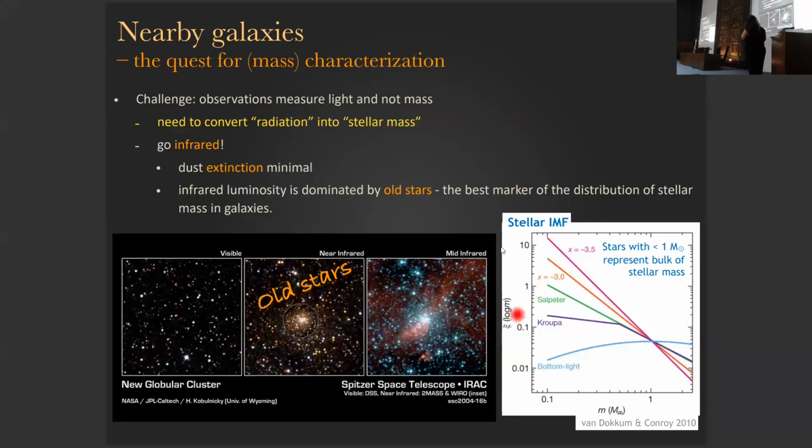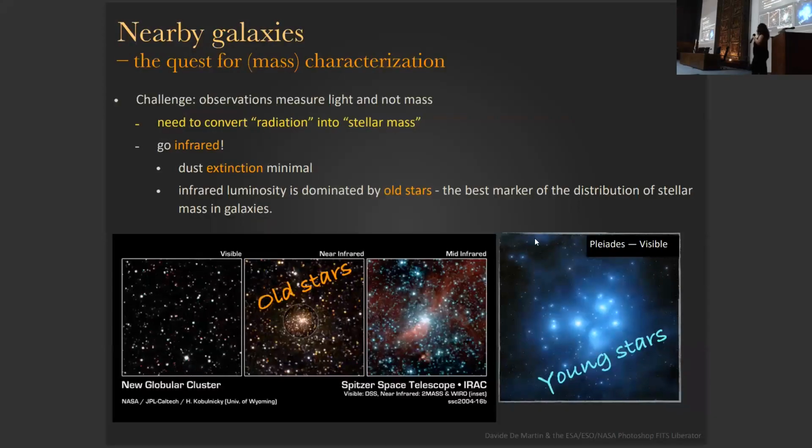If you consider any stellar IMF, excepting the top heavy IMFs, you see that the stars that have masses less than 1 solar mass truly dominate any episode of star formation. If you look at a very young structure, for instance the Pleiades, you will see it light up in the optical.